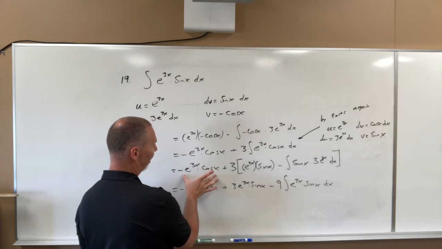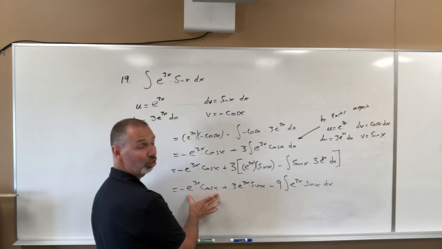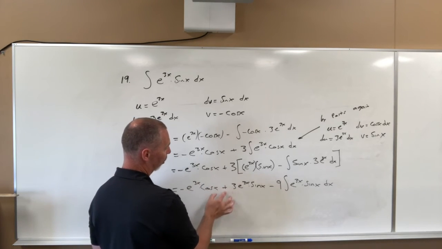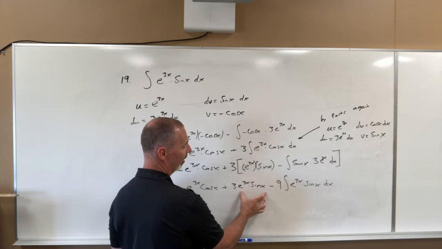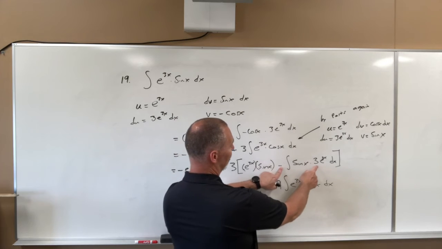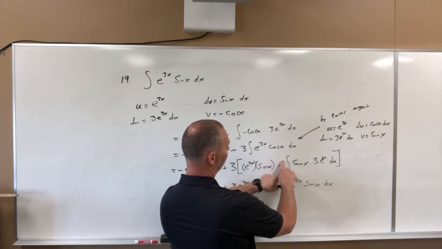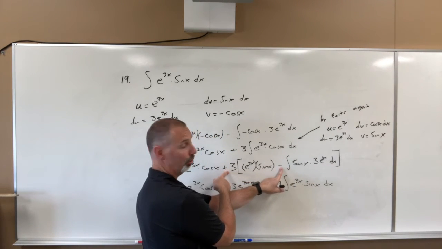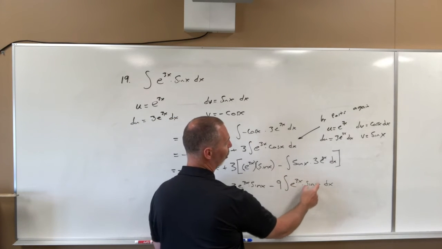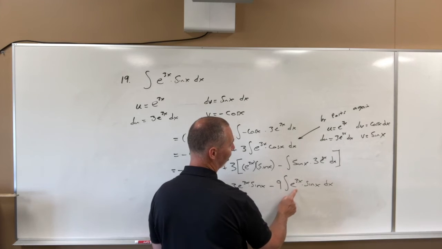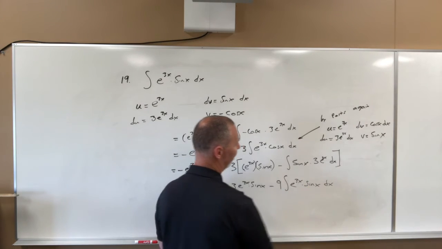Okay, so the negative e to the 3x cos x doesn't change. Here's the plus 3 multiplying through the brackets. Now we get 3e to the 3x sine x minus, here's the minus, and then I pulled this 3 out front and multiplied it by this 3 to get 9. Okay, and then I rearranged the order in here. I have my e to the 3x, my sine x, and my dx.